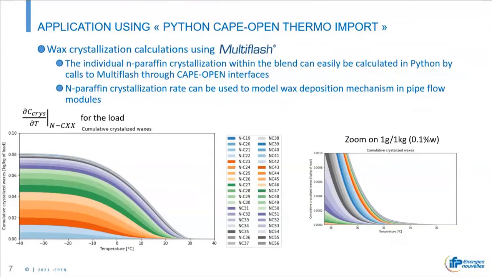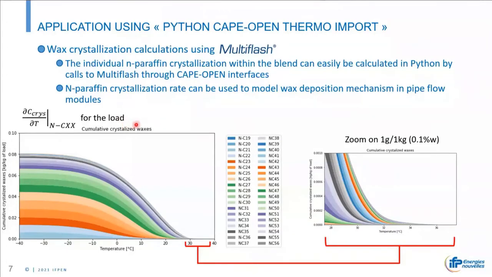So we can do massive calculations and have a look at the crystallization of the heavier paraffin in the fluid first. This is one of the applications. It's really easy to use and to perform massive calculations in Python using this Python Cape-Open thermo import package.